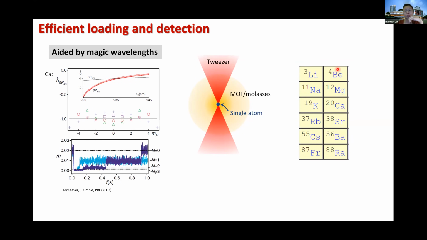And that's also useful for their operation as optical clocks. But on the other hand, I want to highlight that among the different alkali atoms, cesium is actually the only atom that has a wavelength that is magic to the D2 closed cycling transition, and the rest actually do not have that. So that's a bit of a pity.